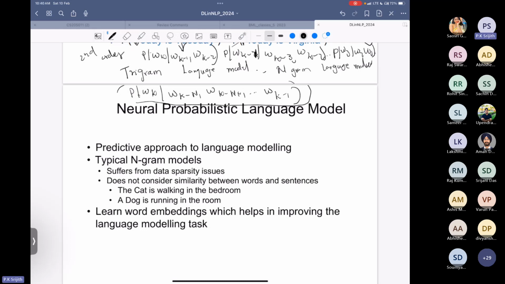If you look at the skipgram and continuous bag of words models, the word2vec models, what was the goal there? To get the vector representation of words.